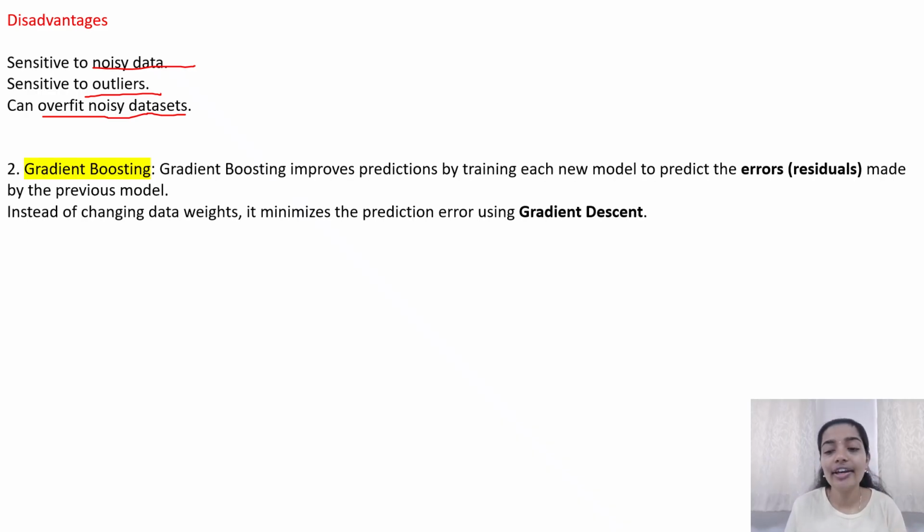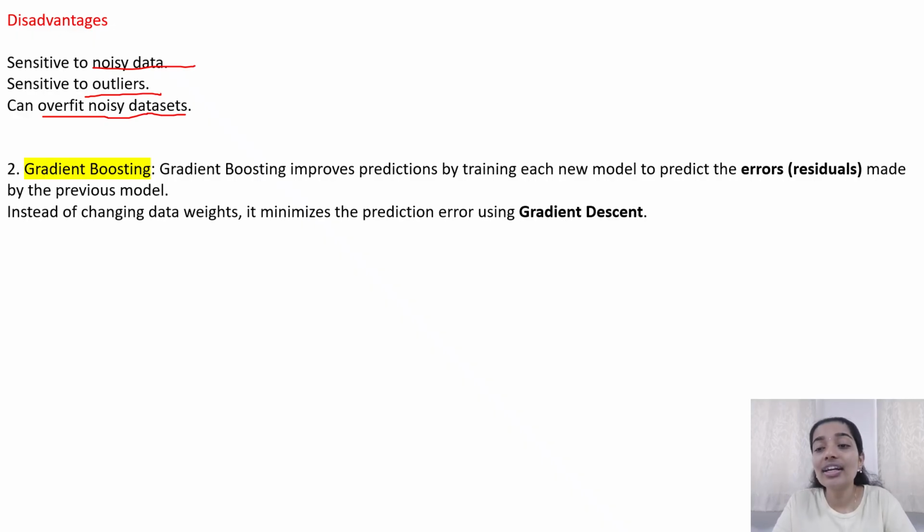Then we have gradient boosting. So gradient boosting is basically what it does. As we said, in AdaBoost we focus more on the misclassified points or the errors. We increase their weights, whereas what does gradient boosting do?